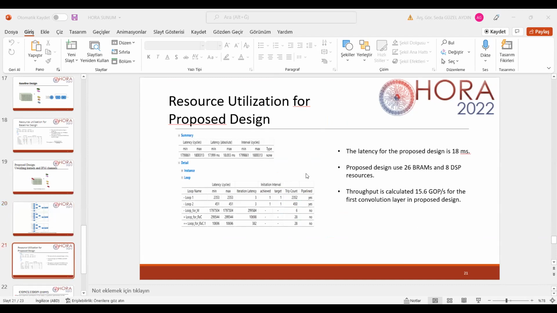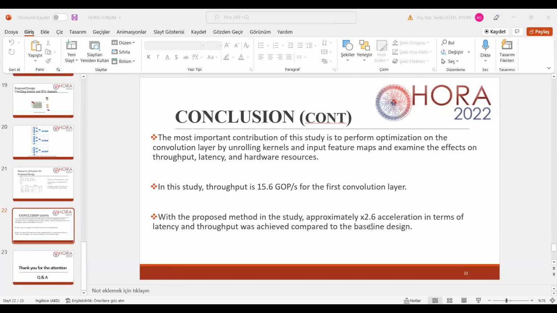This is the resource utilization for the proposed design. The latency is 18 microseconds. The proposed design uses 26 VRAMs and 8 DSP resources. Throughput is calculated as 15.6 gigaoperations for the first convolution layer in the proposed design.